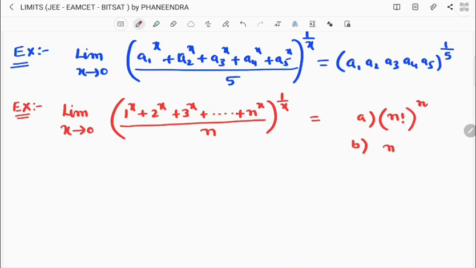Second option, n factorial whole power 1 by n. Third option, n factorial. Fourth option, log of n factorial.